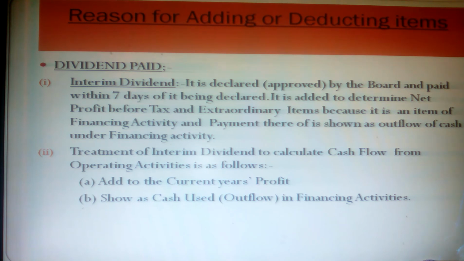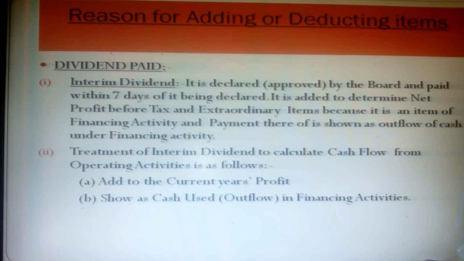It is added to determine net profit before tax and extraordinary items because it is an item of financing activity, and the payment is shown as an outflow of cash under financing activity. The treatment of interim dividend to calculate cash flow from operating activities is as follows: add dividend paid to the current year's profit. The reason for adding is that it is shown as cash outflow in financing activities. Both ways, you add it here, and then show it as an outflow in financing activity.